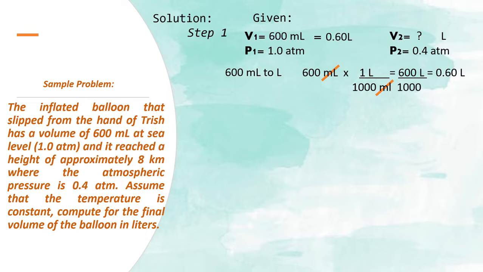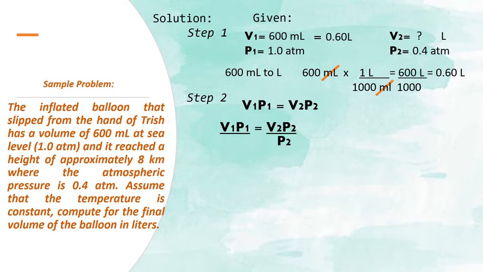We can now move on to the next step, which is the derivation of formula. Again, our formula is initial volume times initial pressure is tantamount to final volume times final pressure. Derive natin siya. Ang kailangan nating ma-eliminate ngayon sa side na ito ay ang final pressure, dahil ang unknown natin is si final volume.